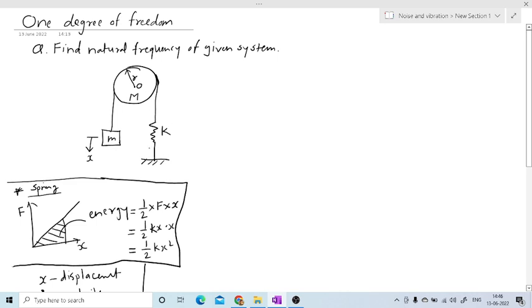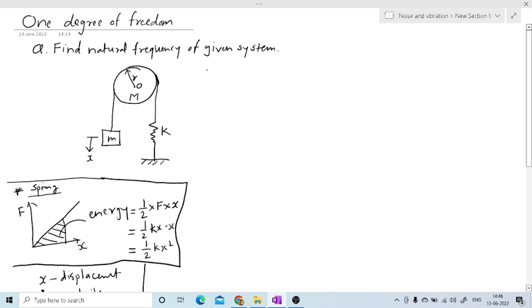And the spring is going to stretch, so it will store energy, the potential energy stored in the spring. So in this given system, we have three different energies: kinetic energy of mass, kinetic energy of drum, and potential energy stored in spring.